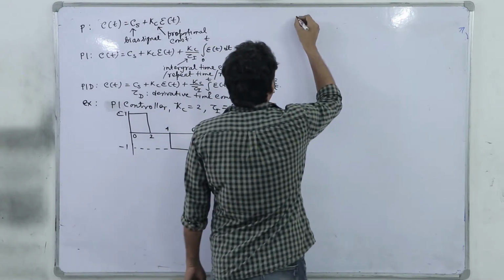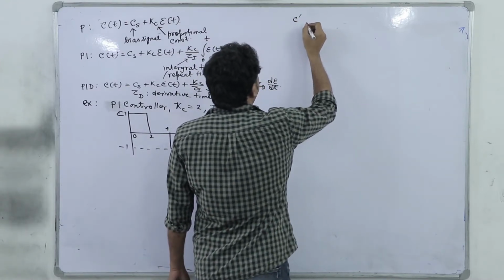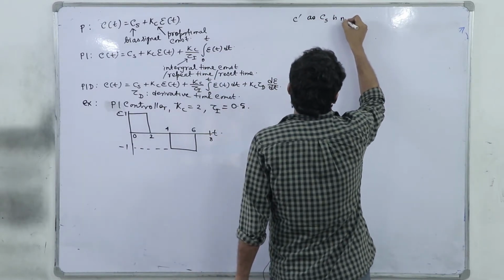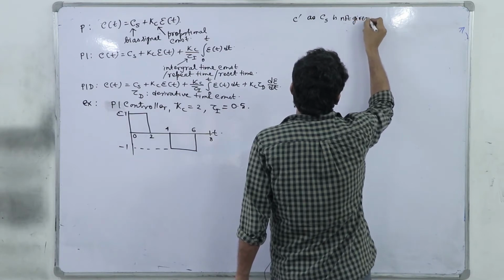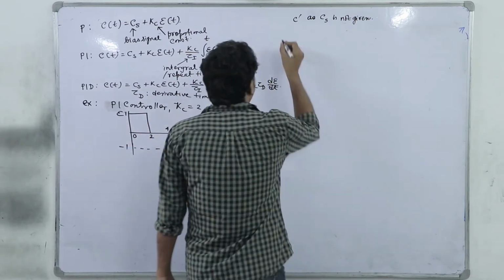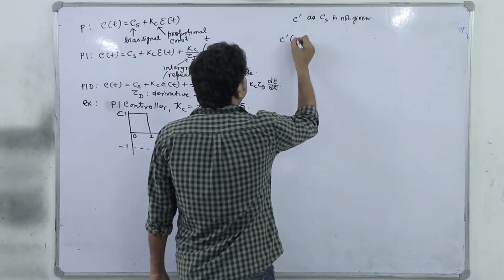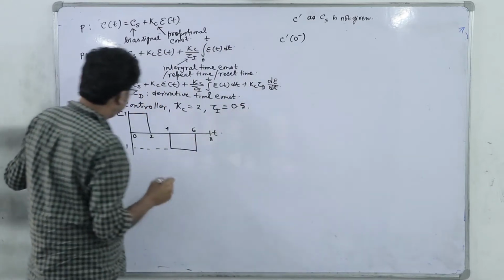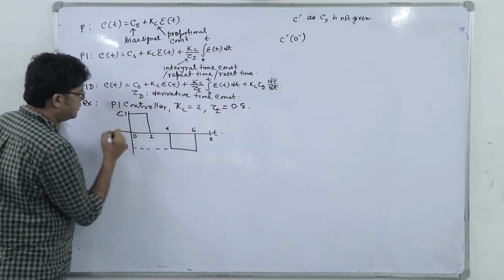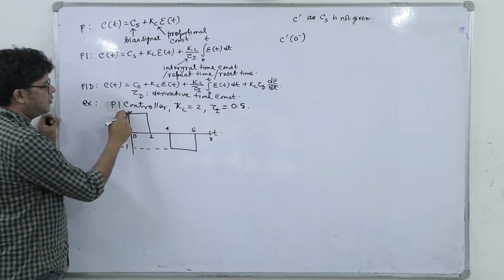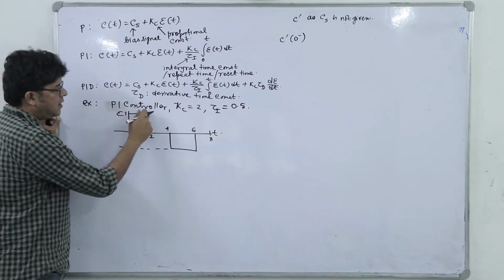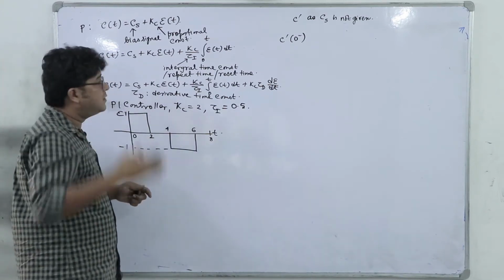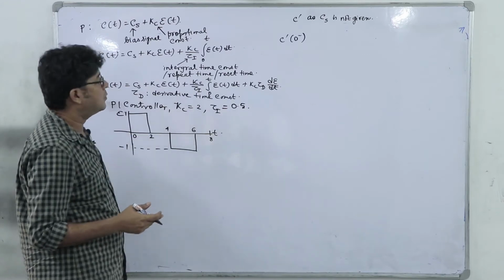So, we are going to plot C prime, as Cs is not given. First, C prime at 0 minus, just before 0, because the signal is like this. It was 0, then it moves up to 1 at t equal to 0 and continues with the value of 1 up to t equal to 2 minus, then at 2 it drops to minus 1, then to 0.